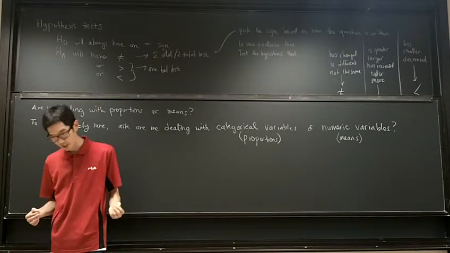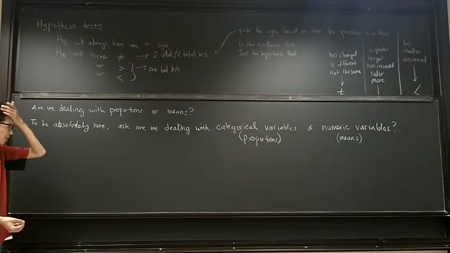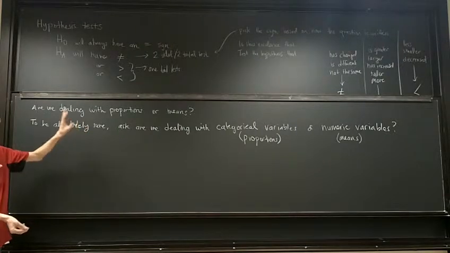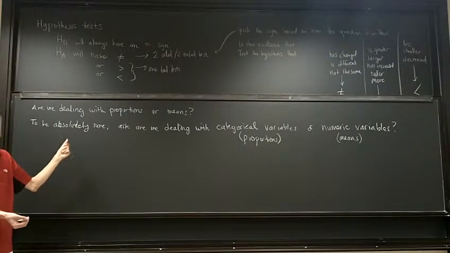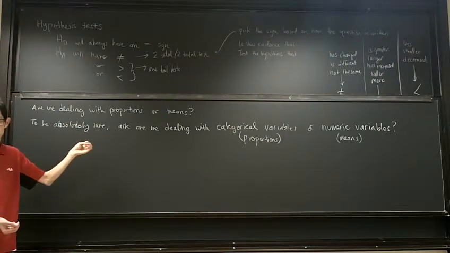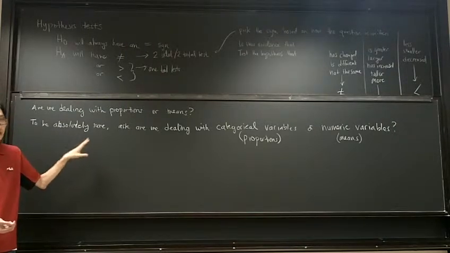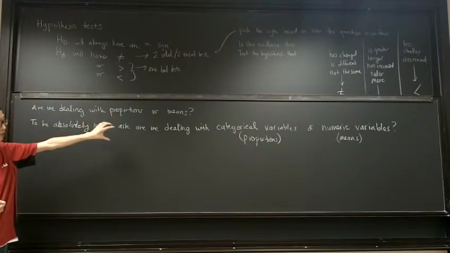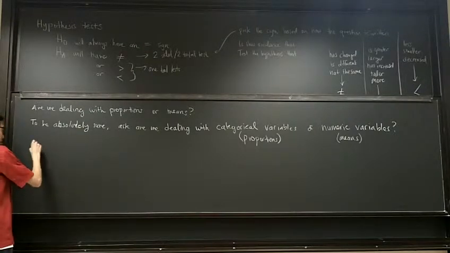So I'll give you some hints as things that will help you identify whether you're dealing with proportions or means, but these aren't 100% foolproof, okay? There could be some slightly different situations where these tips or keywords don't hold up, okay? But to be absolutely sure, ask, are we dealing with categorical or numeric? That's the only way to be absolutely sure, okay? But in general, these also hold true, okay?